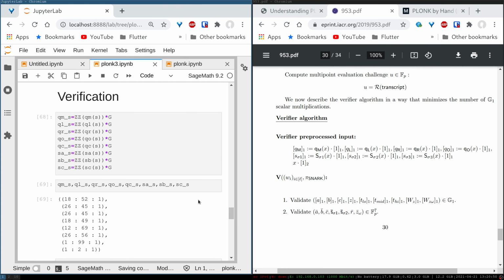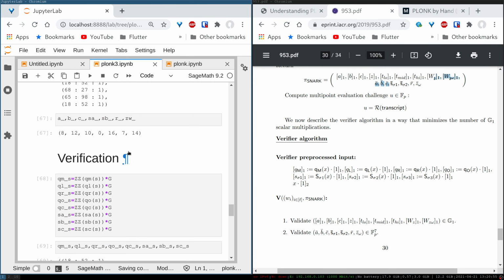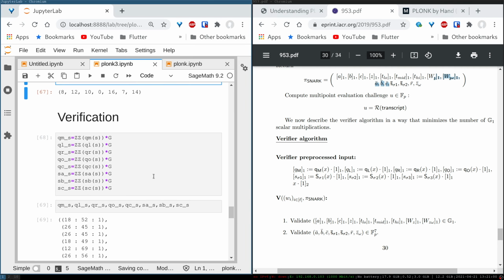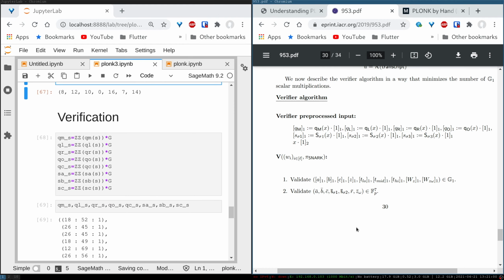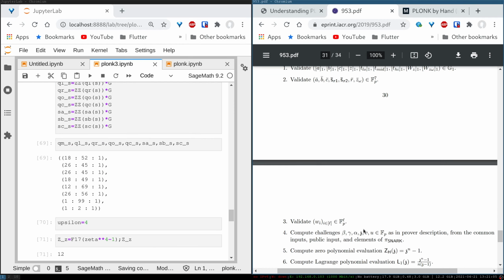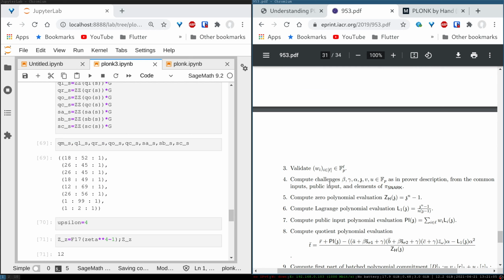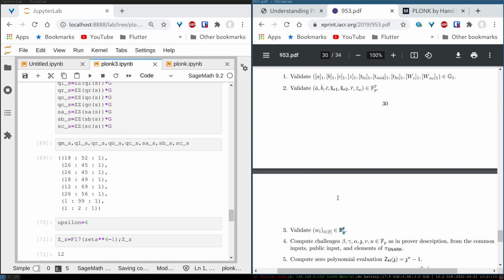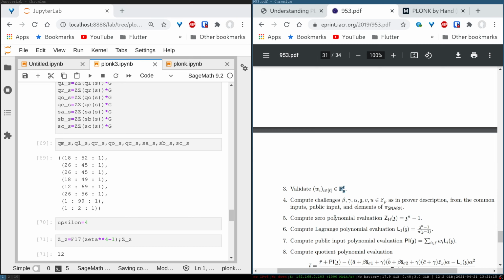Then you also need to check that a bar, b bar, these values here, are part of this group. And for us, p is 17. So all these values should be lower than 17. Then the third part is also verifying that the roots of unity 1, 4, and so on, are part of this, which is going to be the case here, and I didn't check that.